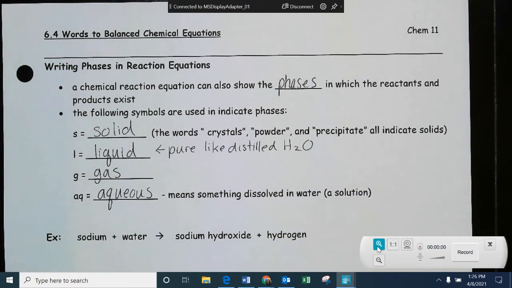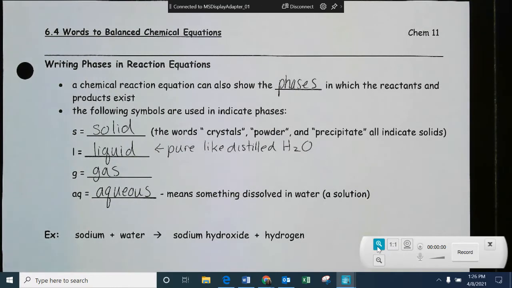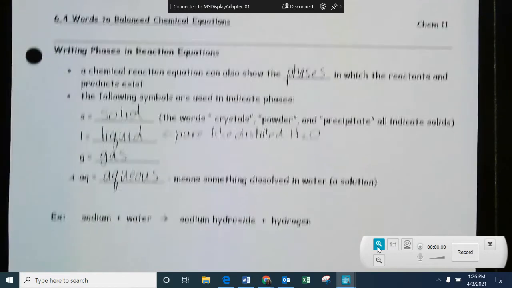Something like the sulfuric acid that we used yesterday is actually in aqueous form. So it's something dissolved in water or solution. Most often we're going to see things that are aqueous more often than liquid. So a liquid is a pure substance that's in liquid form, and aqueous is something dissolved in water. We do see this one a little more often than the liquids usually.